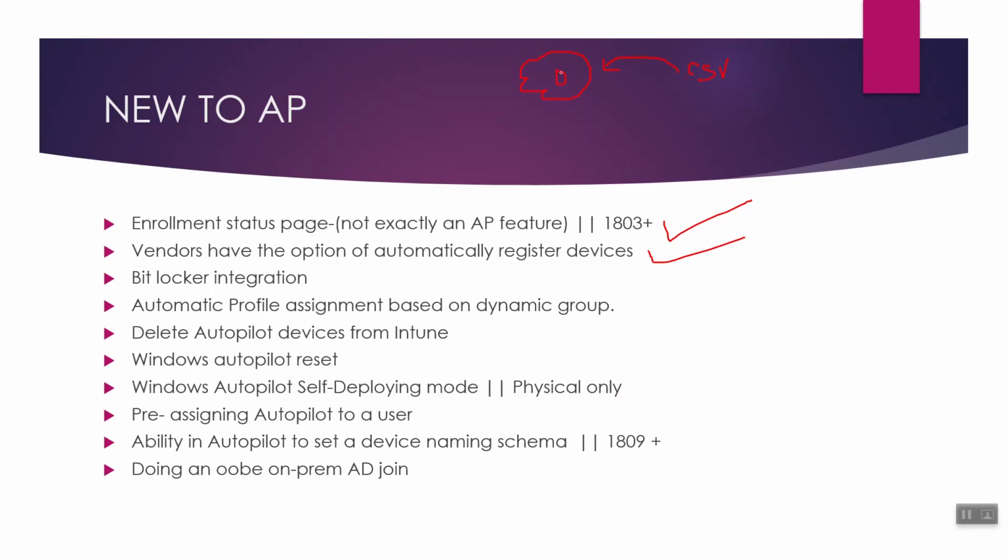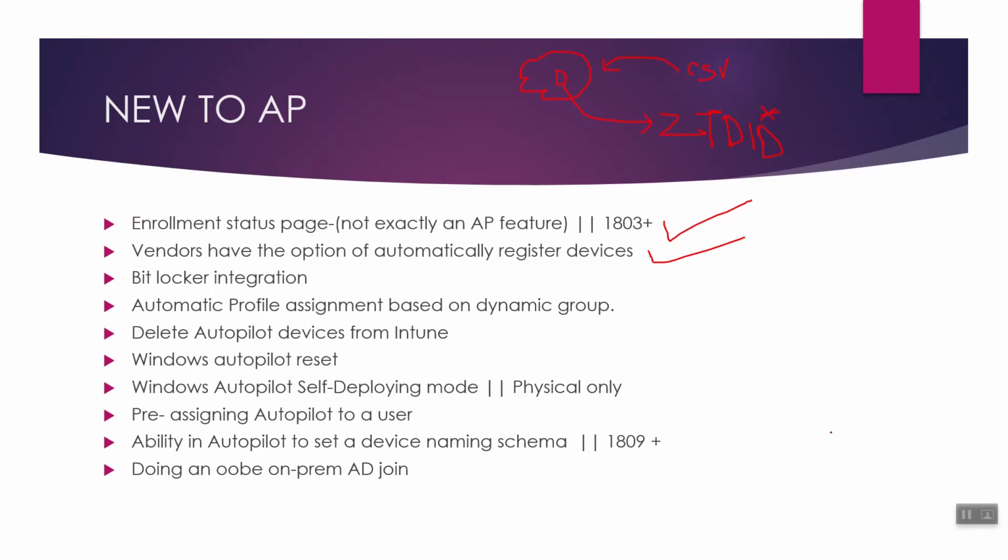So when a device is uploaded onto the Azure portal as an Autopilot device, that device gets tagged with something called ZTDID. That is the zero touch deployment ID. So this is an attribute which an Autopilot device is going to have.